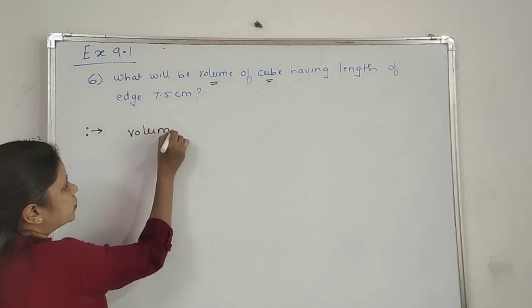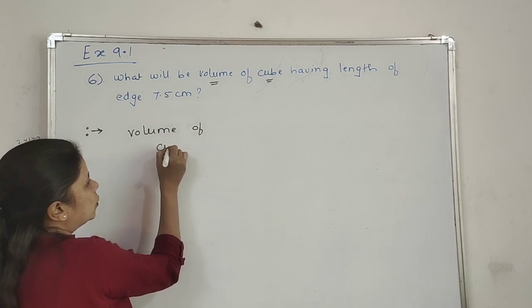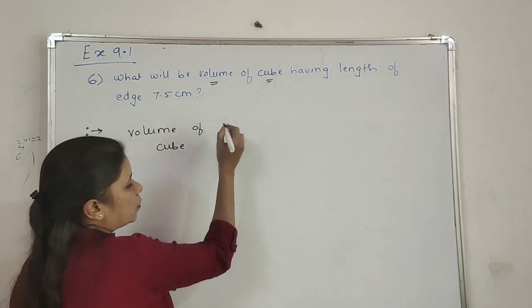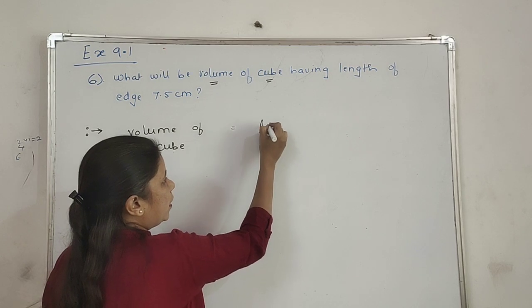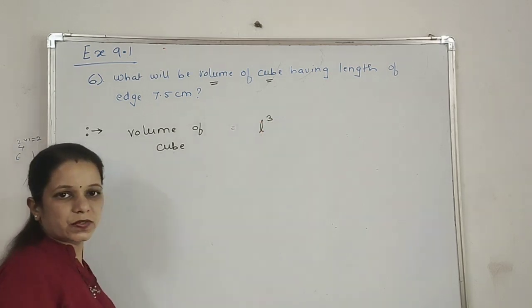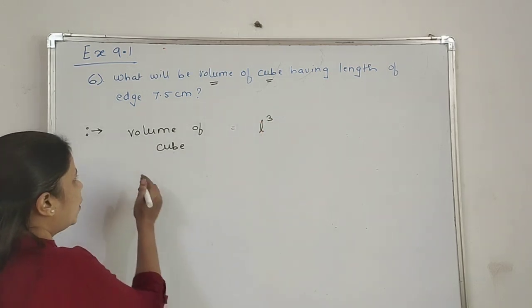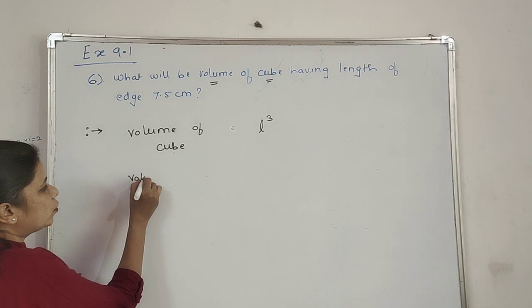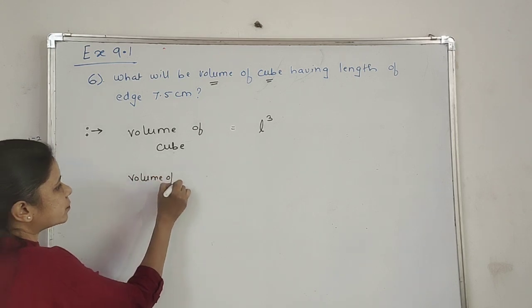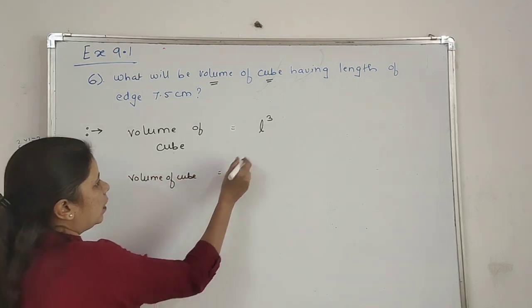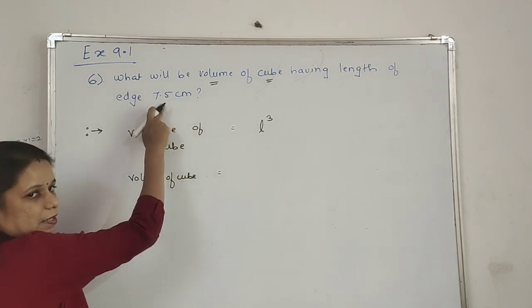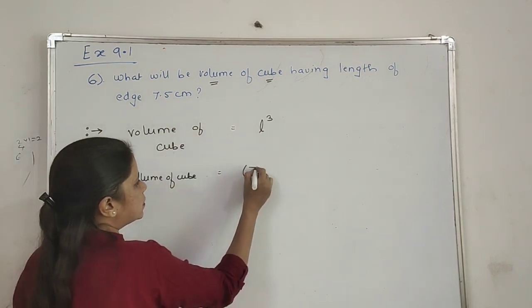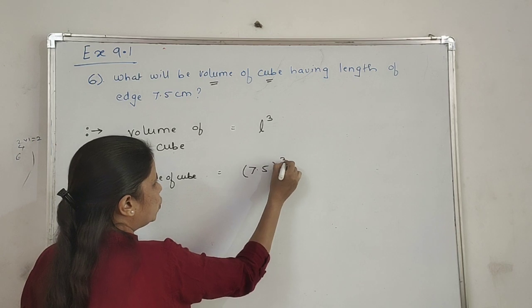Volume of cube is equal to L cube. Okay. Now volume of cube we have to calculate. So volume of cube equal to L. L means length of edge, that is 7.5 cube.